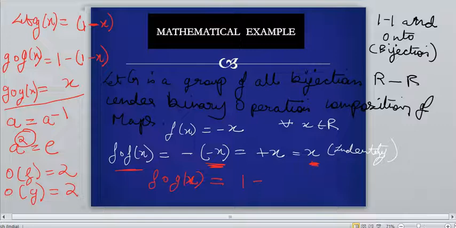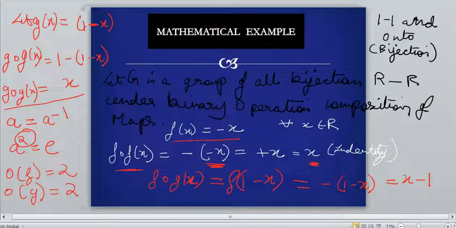So here we have f of 1 minus x, because that's what g of x is. So f of 1 minus x, where the function is negative, gives negative of 1 minus x, which is x minus 1. That's what we are getting.